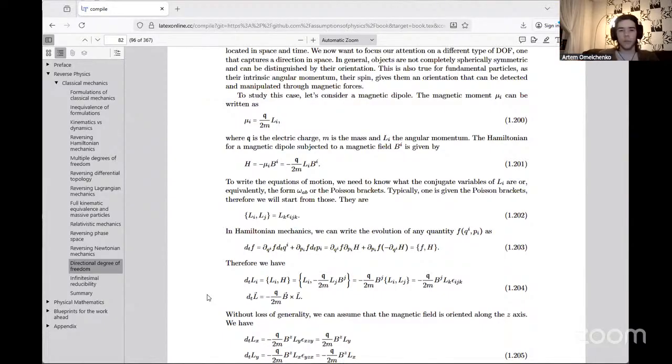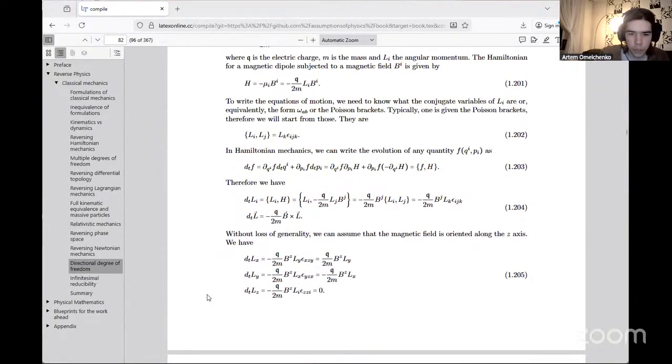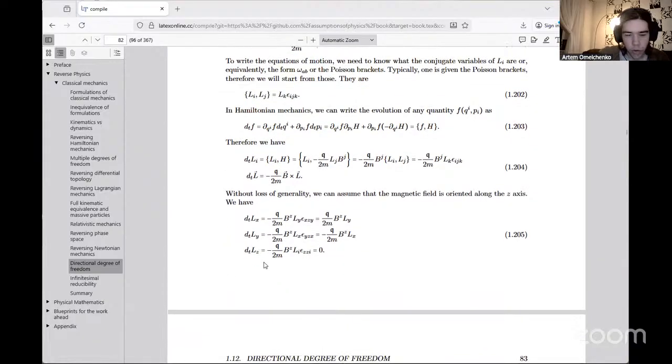And then, without loss of generality, we can assume that the magnetic field is oriented along the z-axis, and we just write out the components. Since we are oriented with the z-axis, the z component is going to be 0.